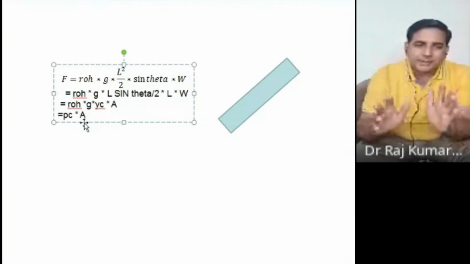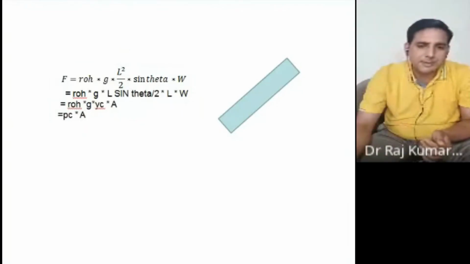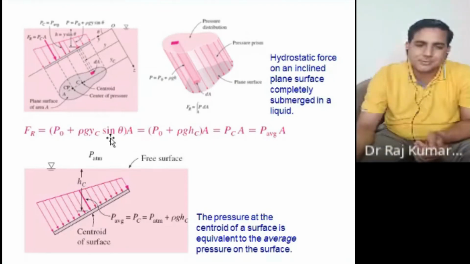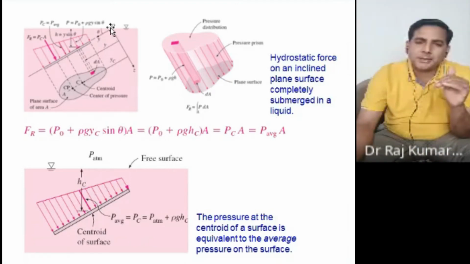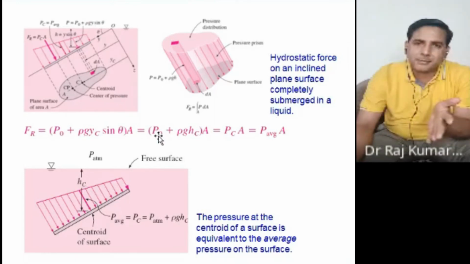So in that case you got this particular expression here. Now you can recall this one. This is what you got, the force PC into A, pressure at the centroid multiplied by area. Area is this one only. Now here, what they did is add P naught. P naught means if by chance you have some pressure here other than atmosphere, you can add P naught here.